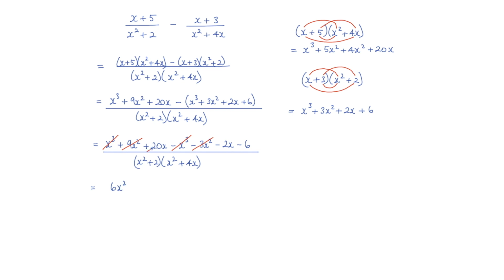I've got the 20x subtract the 2x, so plus 18x. And then the last thing that I've got left is just this minus 6. And that is all over x squared plus 2 and x squared plus 4x.